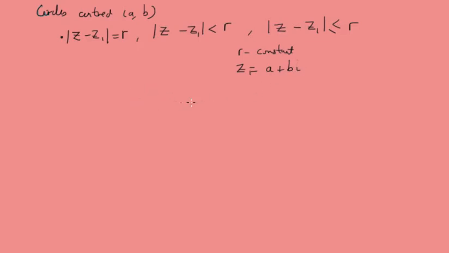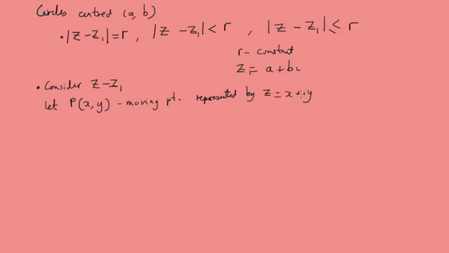So we need to understand the vector representation of this number. So let's consider z minus z1. We're going to let some point P be xy, and it's going to be a moving point represented by z equals x plus iy.